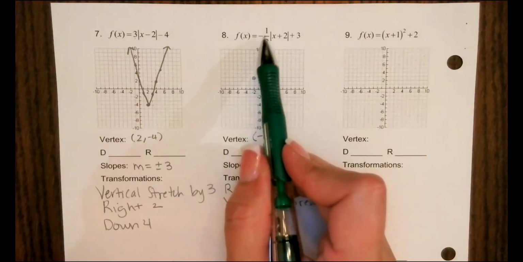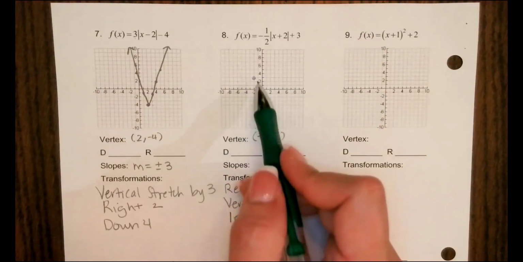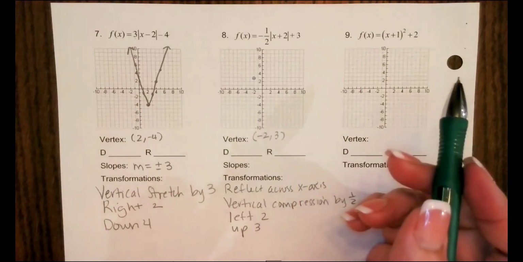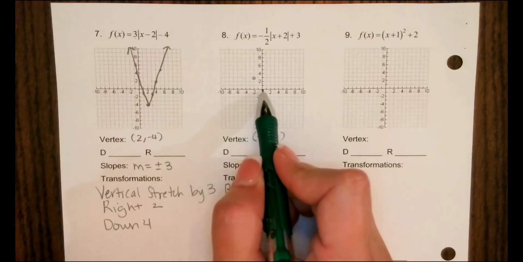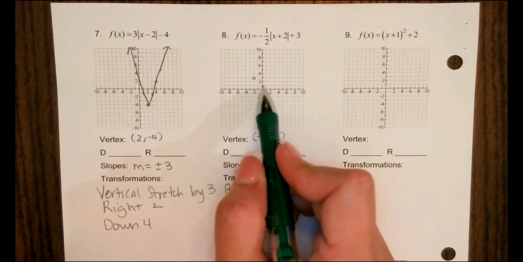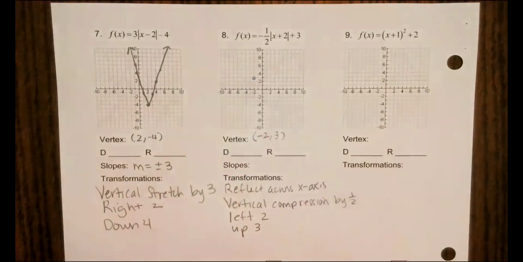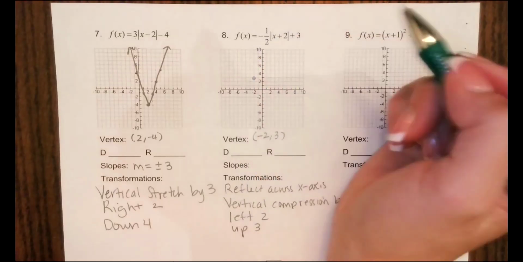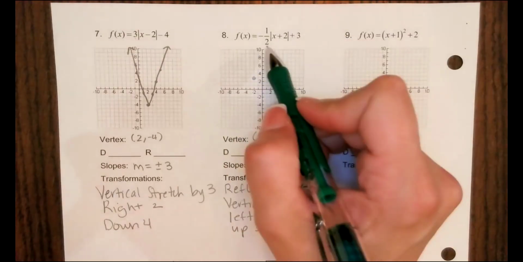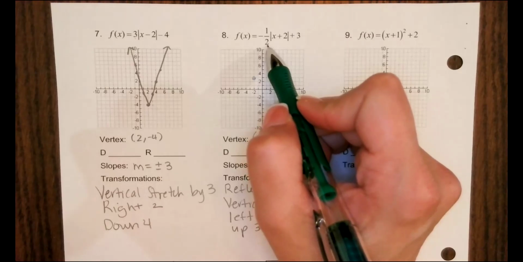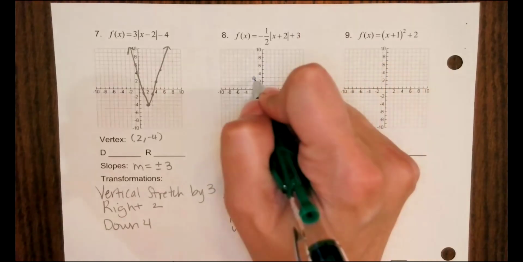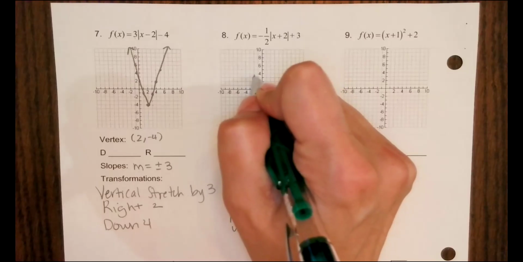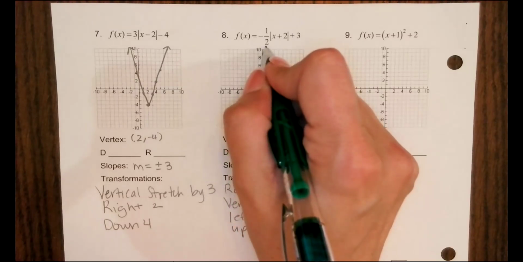Now we can think about the negative as a reflection across the x-axis, so it's going to go downward. That's what that negative does. Remember, it starts when it's at 0, 0. Instead of going here, it's going to go down here, so it's going to flip it upside down. And then the 1/2 is going to make it wider. And so that becomes the slope right there. Instead of going up 1 and over 1, we would go up 1 and over 2 if it was just 1/2.